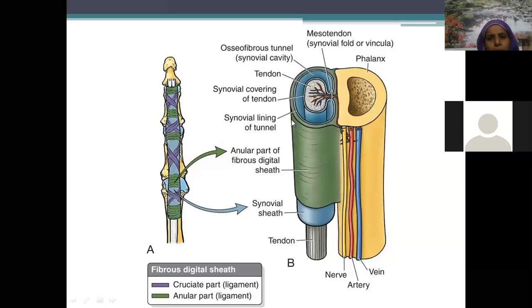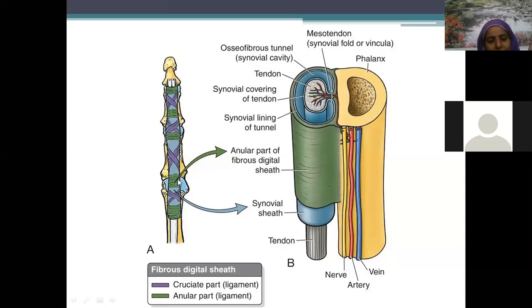Okay, beta. So you are finding this is bone, and this is the tendon. Then you are finding the synovial sheath. Surrounding the synovial sheath, you have thickening of the fascia, which is called fibrous flexor digital sheath. They are arranged like X, or they are arranged like rings.